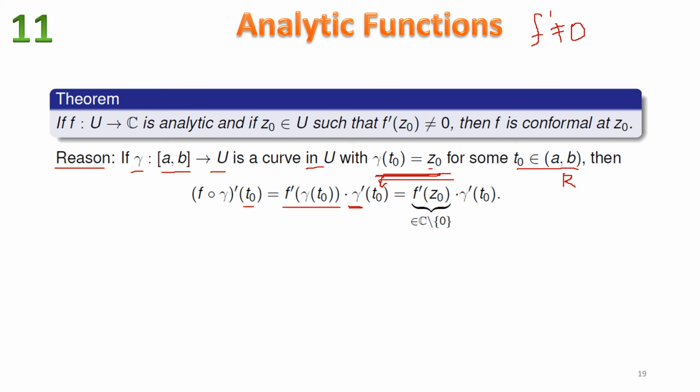So this makes simply z0. Therefore, we shall replace this gamma of t0 by z0, and we want this f dash to have a non-zero value, so it belongs to the set of complex numbers except the origin, times gamma dash at t0. This represents the tangent.